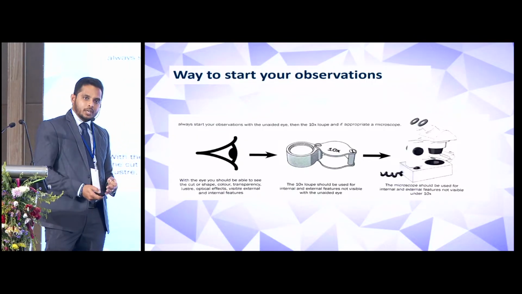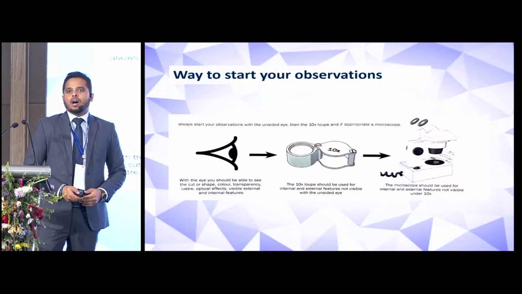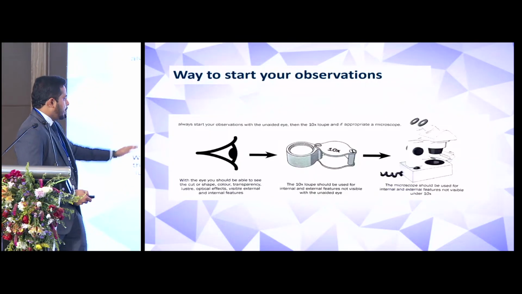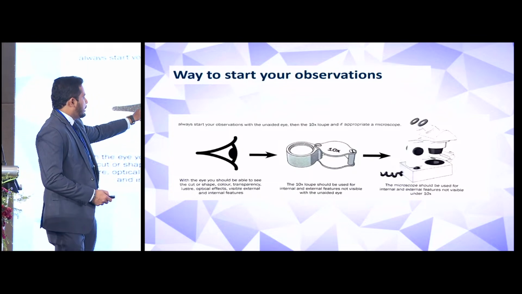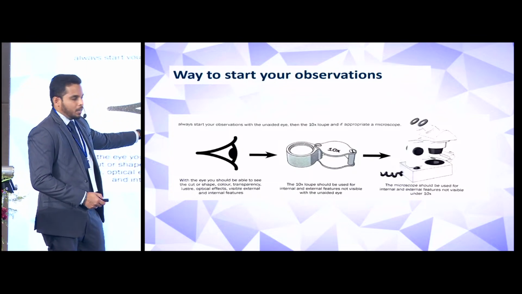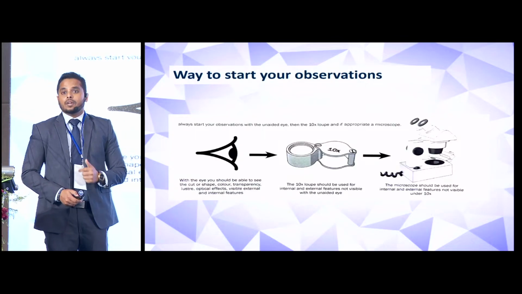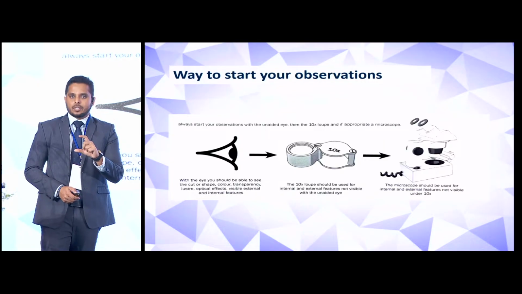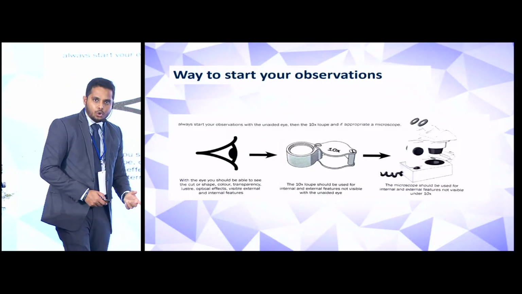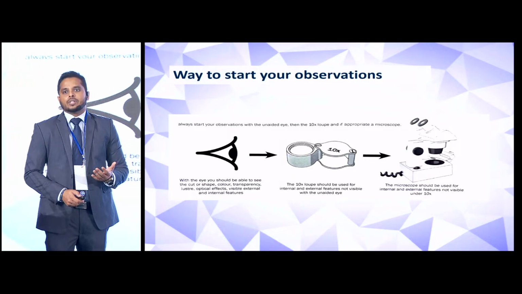If that is not enough, then you have to go for other equipment. Here I have not mentioned the visor, but in between you have a visor. And then we have the gemological loupe. This gemological term is very important, as there are different loupes which are not relevant to gemology.